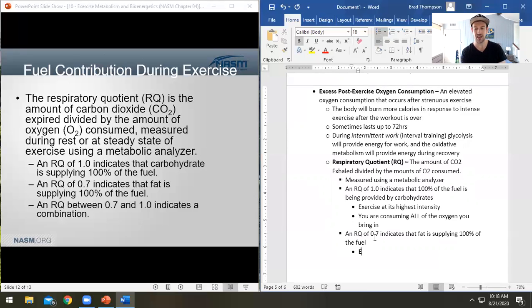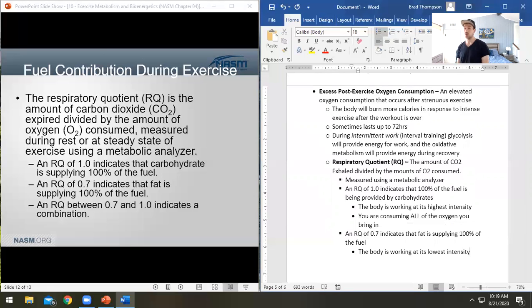So that means the body is working at its lowest intensity. Sorry, I'm going to change this: at an RQ of 1.0, the body is working at its highest intensity, and an RQ of 0.7 is the body working at its lowest intensity. There we go. That's a better description.